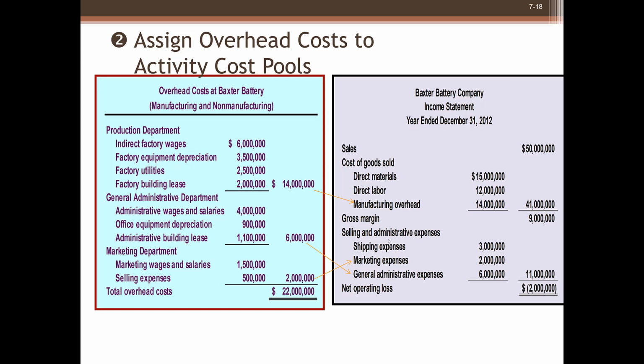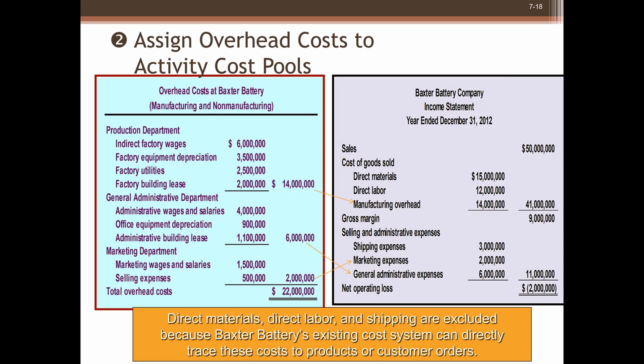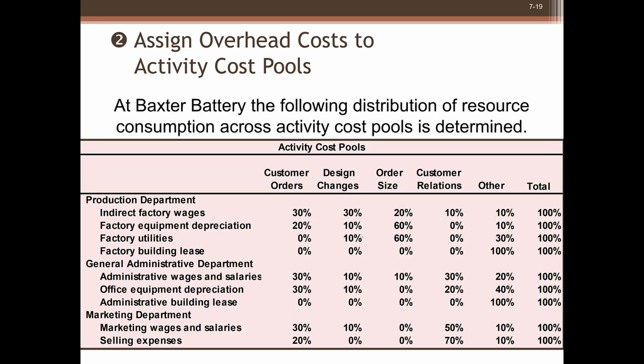In addition to overhead costs, Baxter Battery Company has incurred direct materials, direct labor, and shipping costs. Those 3 will not be assigned to activity cost pools because under Baxter Battery Company's cost system, those three can be directly traceable to products or customer orders. Based on the employee interview results, the company can identify what percentage of overhead cost in each department should be allocated to each cost pool.